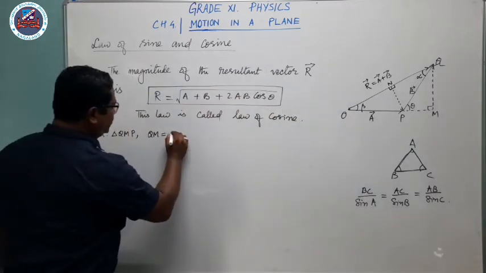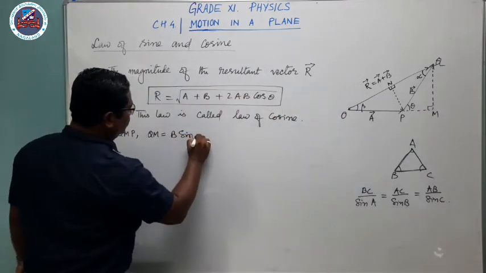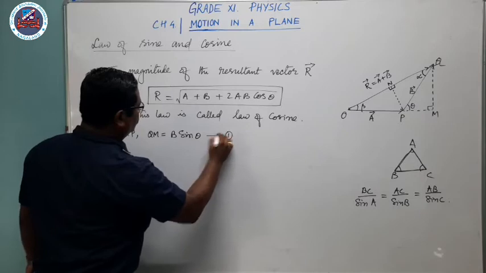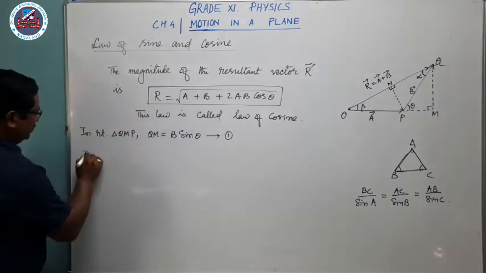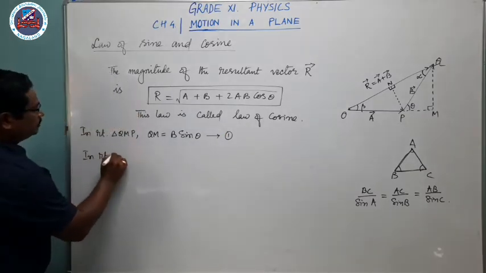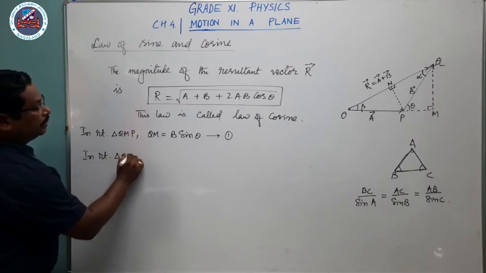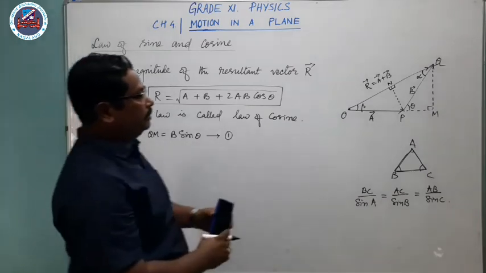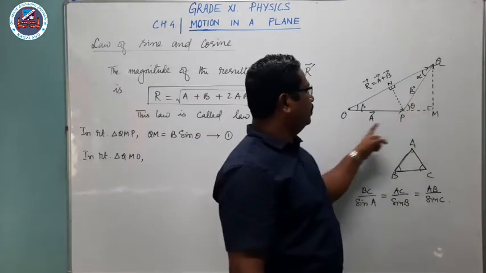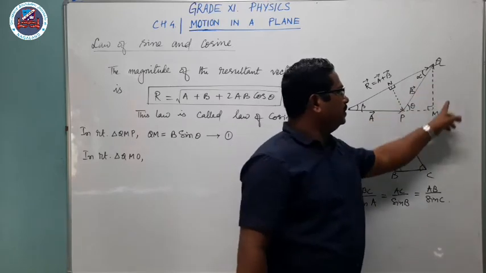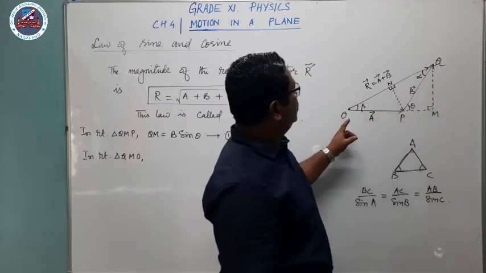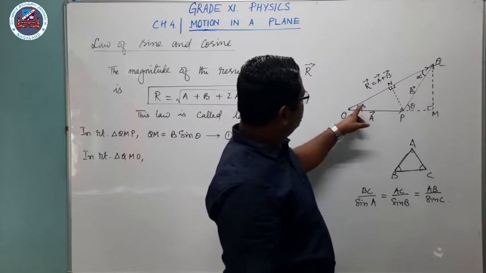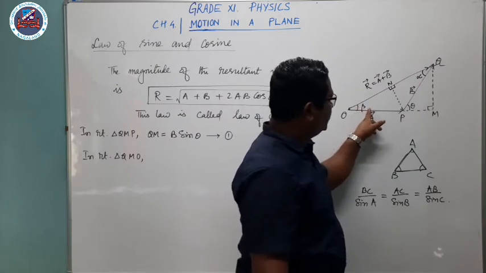QM is equal to B sine theta, equation number 1. Then in right triangle QMO, QM is equal to R sine beta.